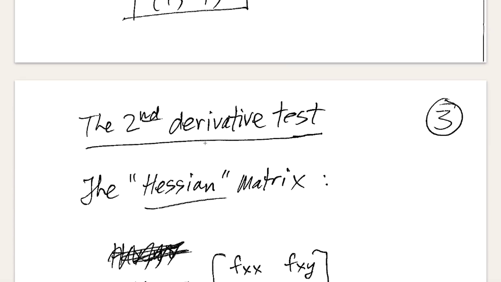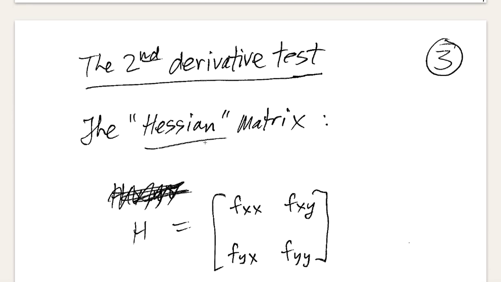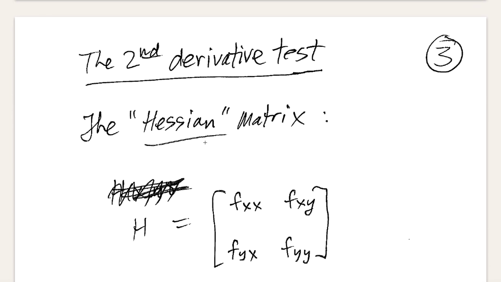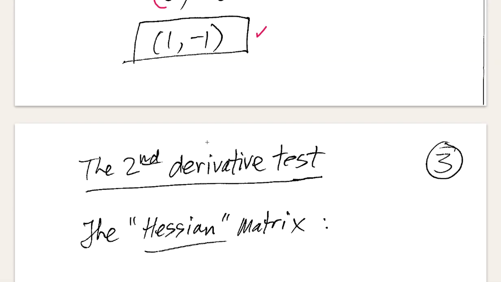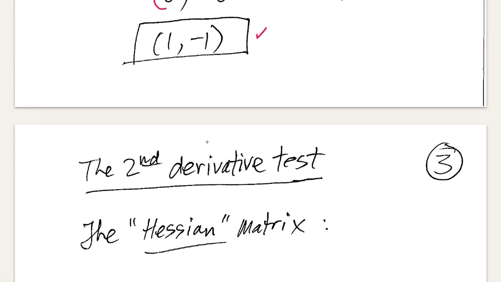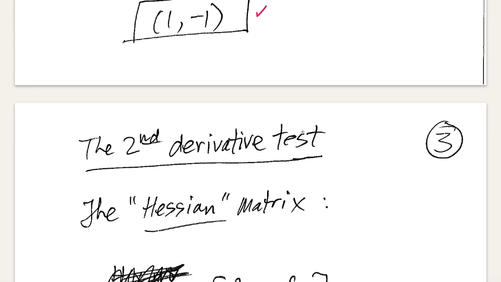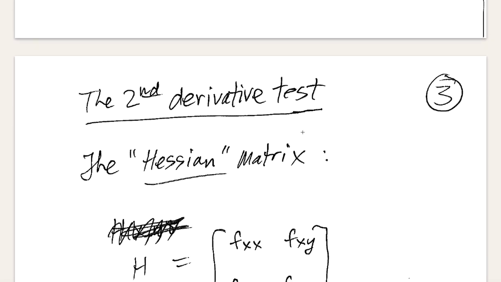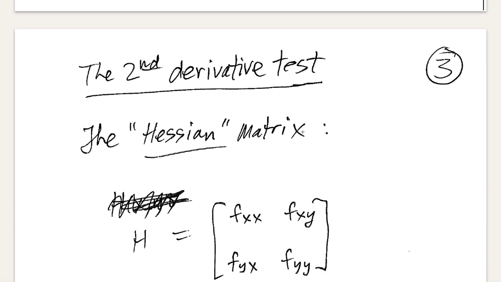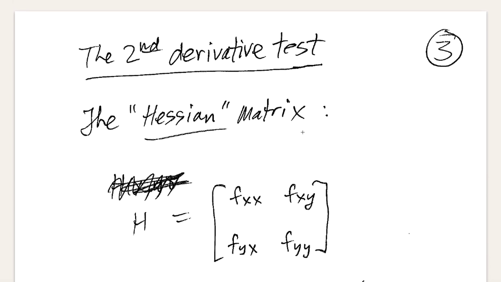Just like in Calc 1, where there was a second derivative test, there is a second derivative test here also to find out whether your point is a local maximum or a local minimum, or possibly neither. There's a different situation that can appear, something called a saddle point, because we're dealing with higher dimensions here. Let's get to the second derivative test, though.